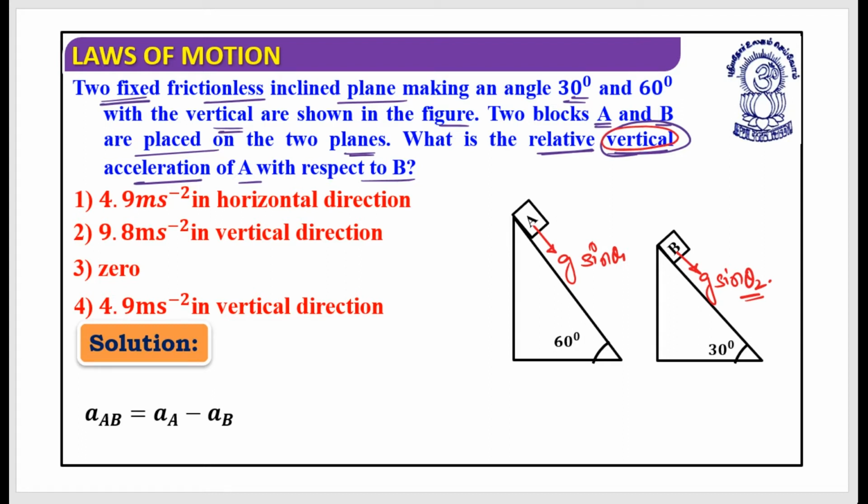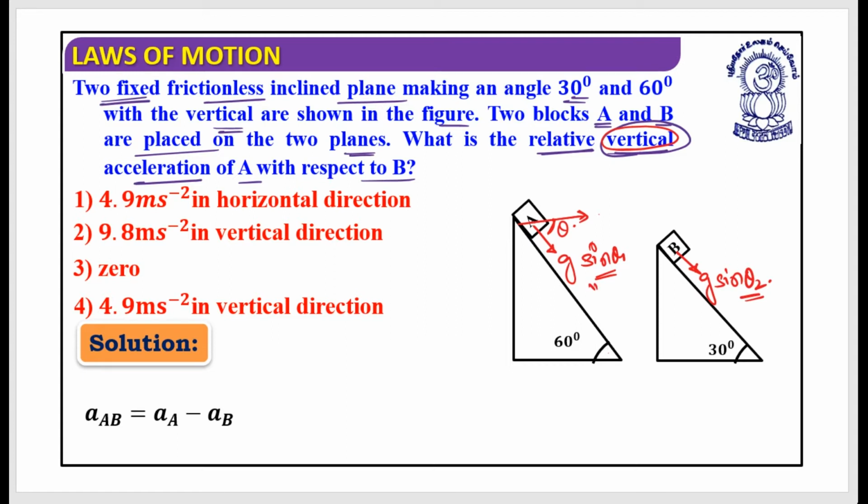So if this angle is theta, this must be theta. So if this is g sine theta, this is g sine theta into cos theta.